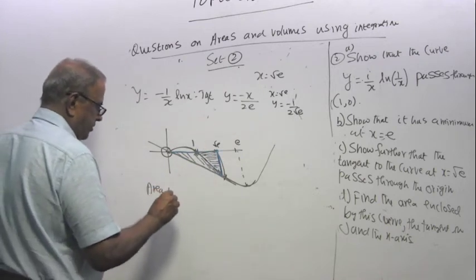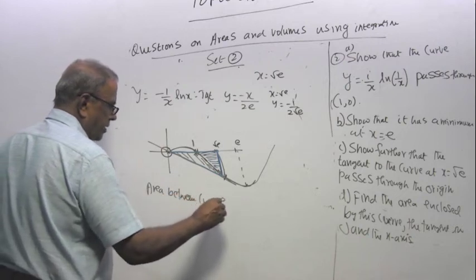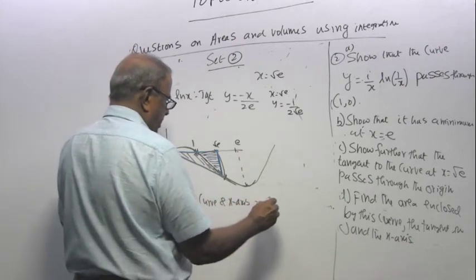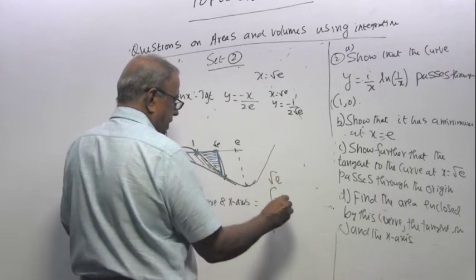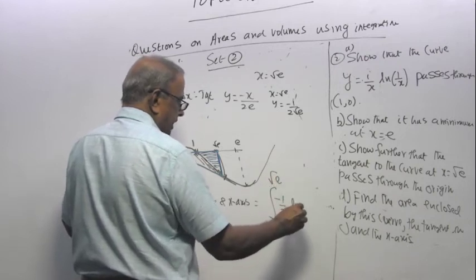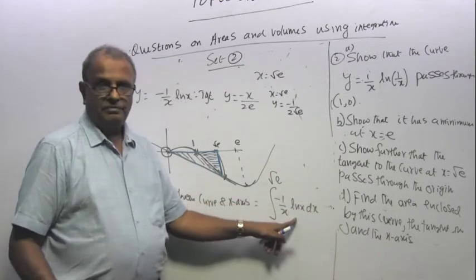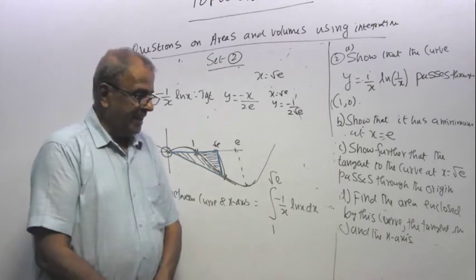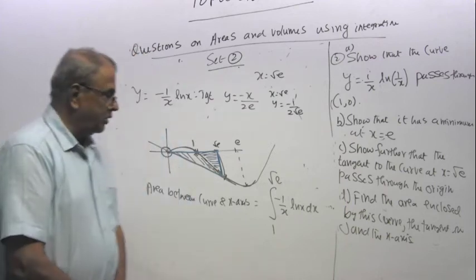Area between curve and x-axis is integral 1 to root e of minus 1 over x ln x dx. Remember methods of integration. Can I integrate directly? I cannot integrate directly. So what do we do?